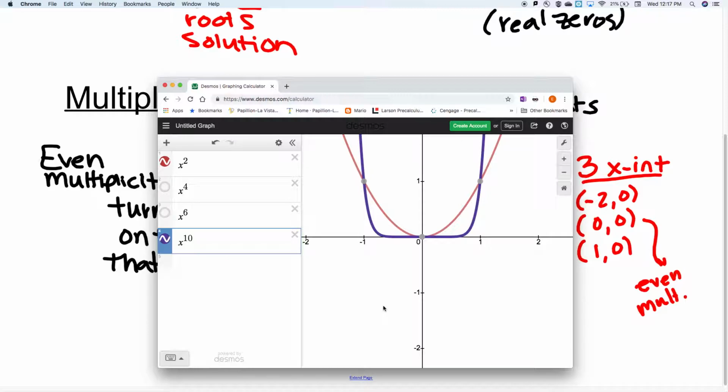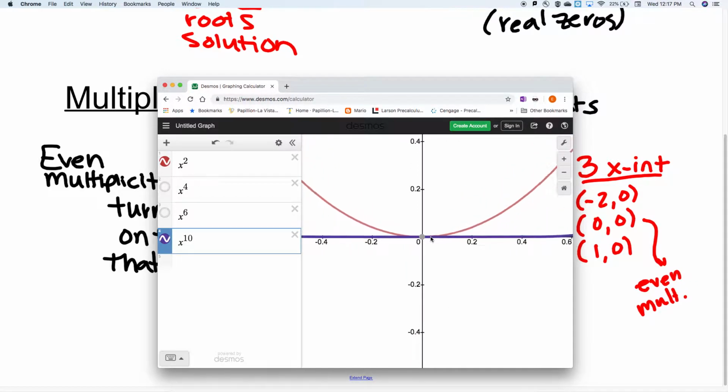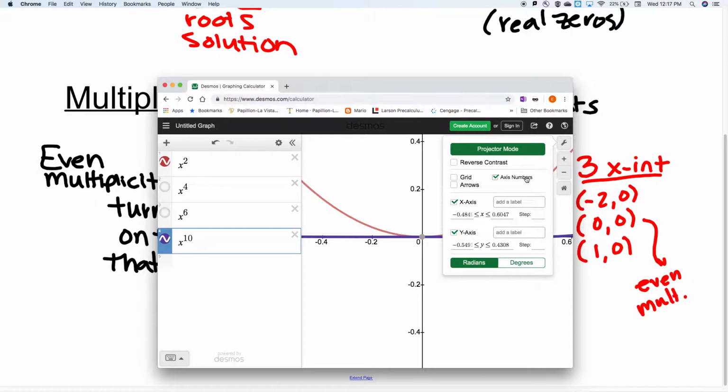The intercept is at (0, 0) and the line is not actually touching the axis. It's hard for me to do on here. If I had a phone, it's easier for me to pinch it.